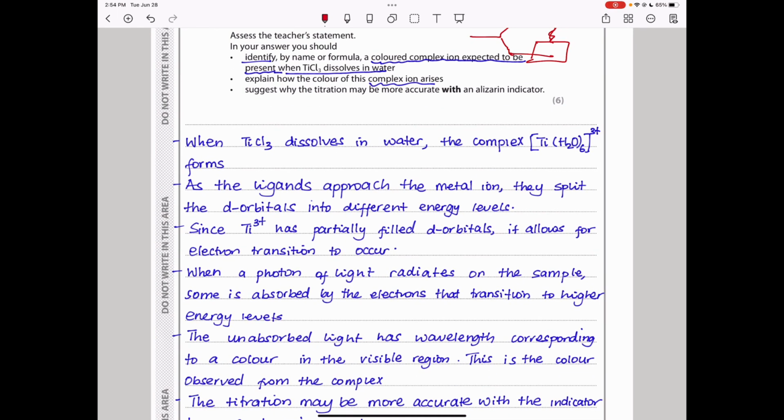So here I say, since titanium 3 has partially filled d orbitals, it allows for electron transition. Because it has partially filled d orbitals, there is going to be some space for electrons to transition from the lower d orbitals to the higher d orbitals, and when a photon of light radiates on the sample, some of the light is going to be absorbed by the electrons and that energy will be enough for the electrons to transition to the higher energy levels.